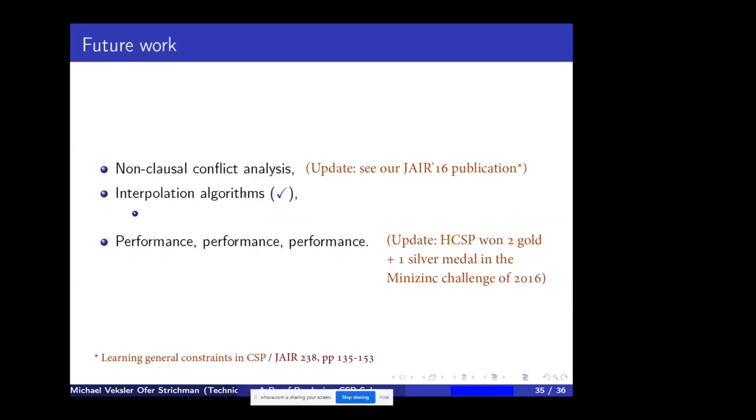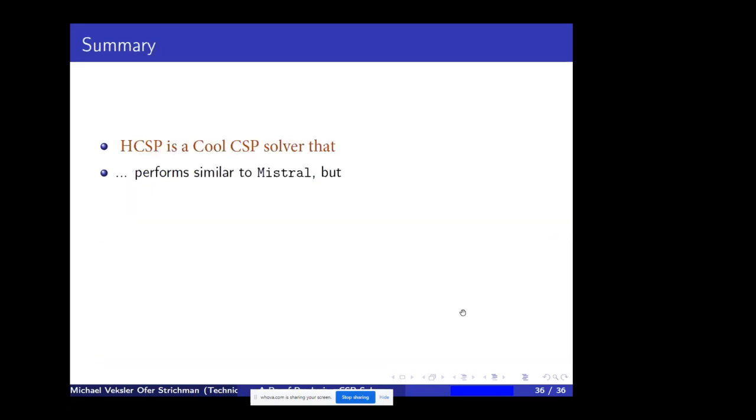We also talked about interpolation, and indeed, PCS, or HCSP, the way it's called now, supports interpolation. And in terms of performance, the follow-up on PCS, the next generation called HCSP, won 2 gold and 1 silver medal in the MiniZinc Challenge of 2016. So it's also a very competitive solver.